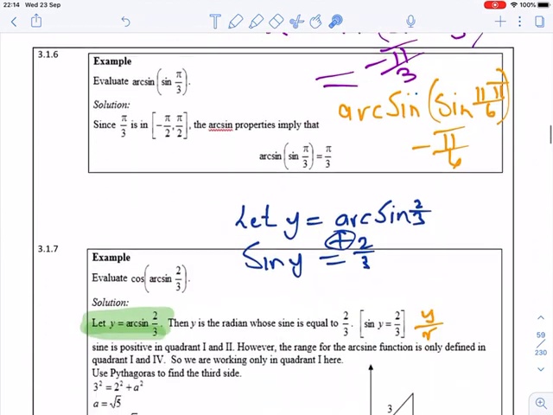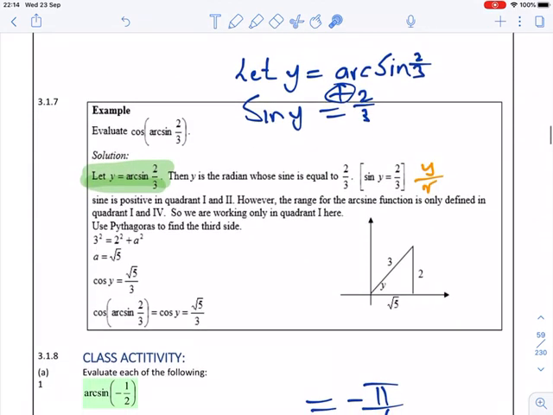Okay, but now here we have a cos and sine. In other words, two different functions. Now, if that is the case, then we always put the bracket equal to y. So we say let y be equal to the brackets.